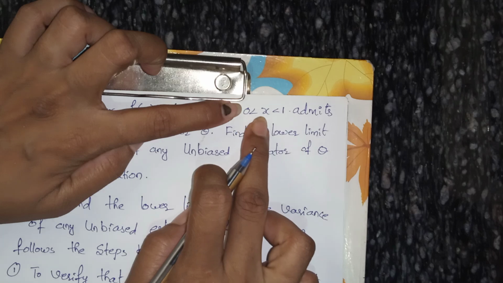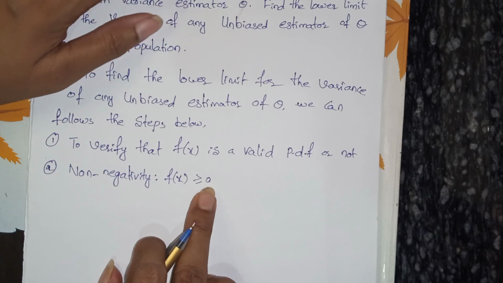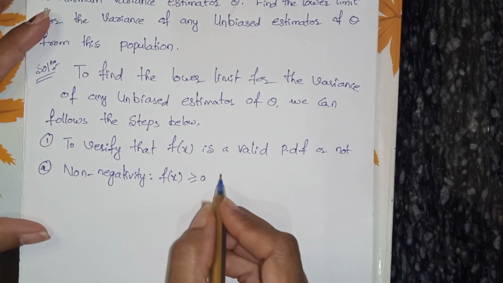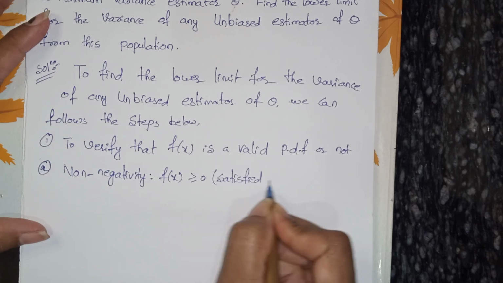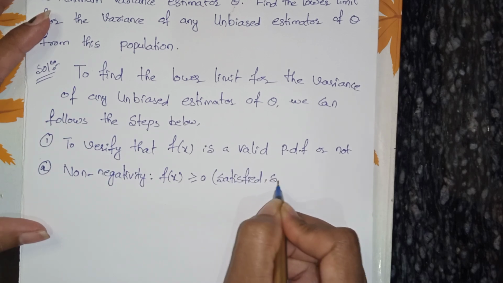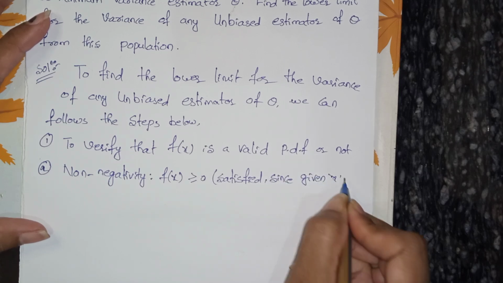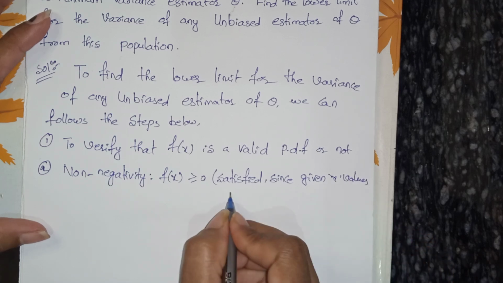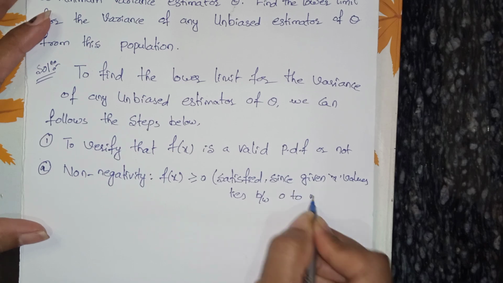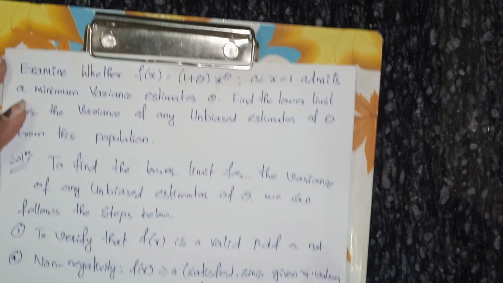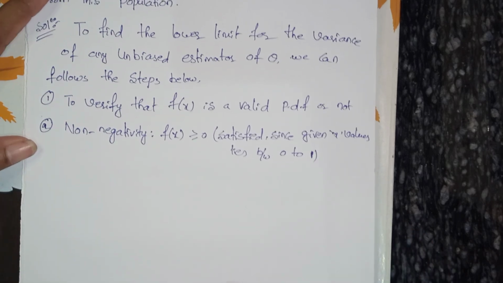That means the x value lies between 0 and 1, so it is positive. So the first property is satisfied, since the x value lies between 0 and 1. It is given in the question itself, so we can directly say that it is a non-negative function.